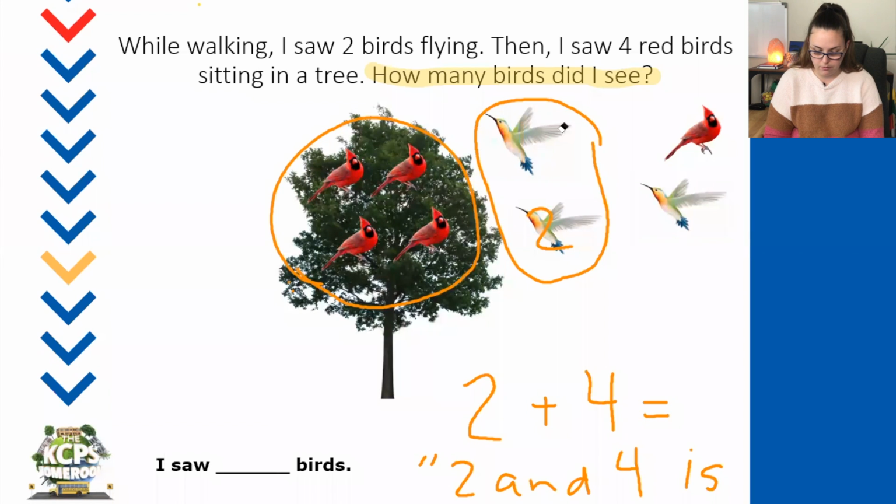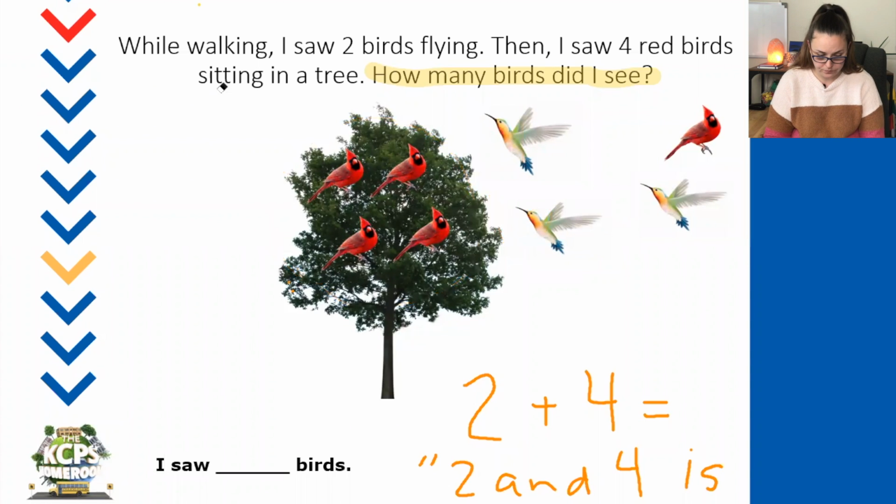I'm just going to erase what we have up there. And now what I'm going to ask you to do is count all of the birds together. So I'm going to try and write the numbers as we count. You may not be able to see them. So here's one red bird.